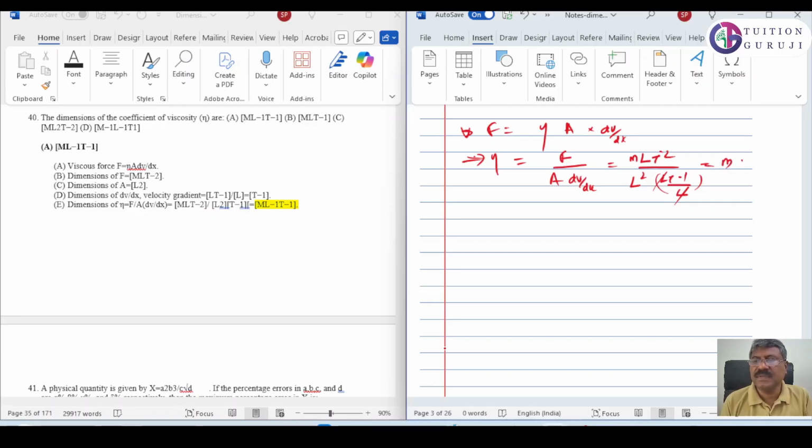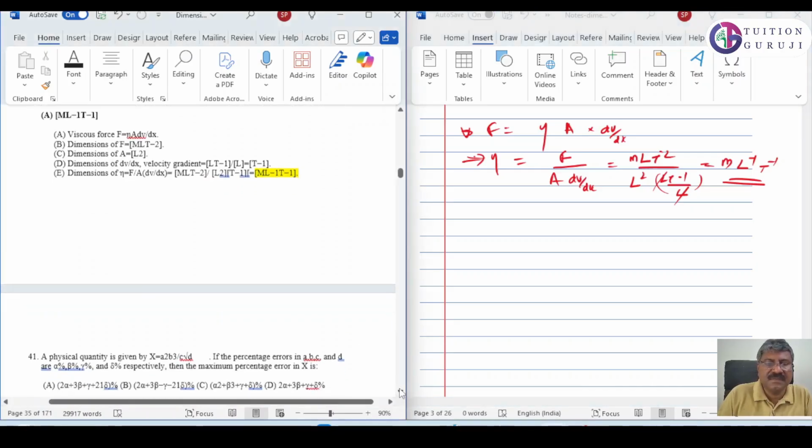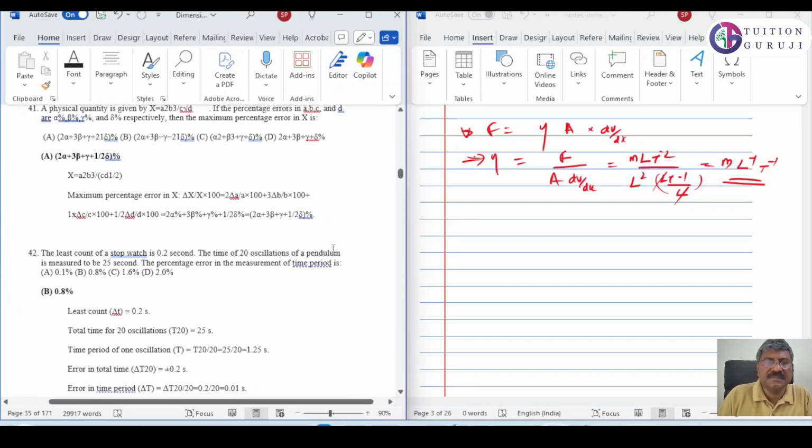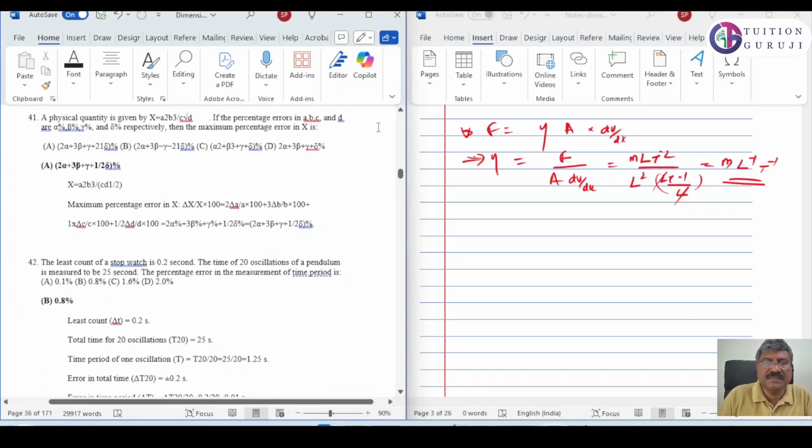M L raised to minus 1, then T raised to minus 1. So the answer is A: M L raised to minus 1, T raised to minus 1.